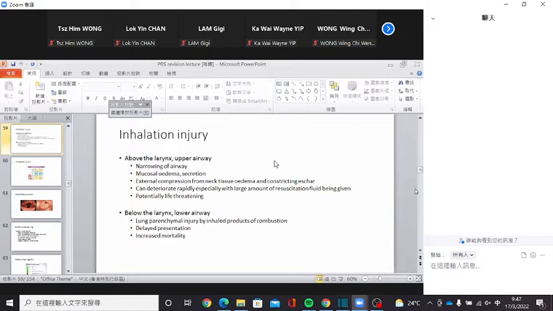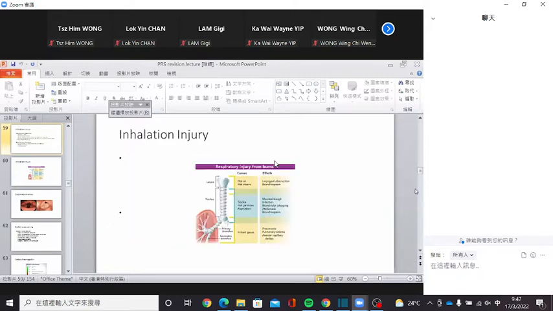This could deteriorate very rapidly, especially with a large amount of resuscitation fluid being poured in, perpetuating the mucosal edema. It could be life-threatening in the acute stage of a burn case.